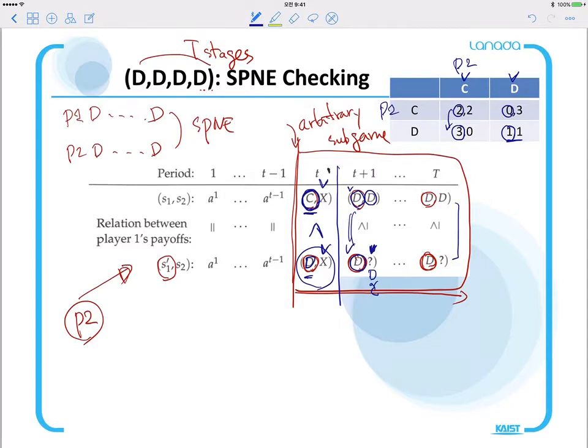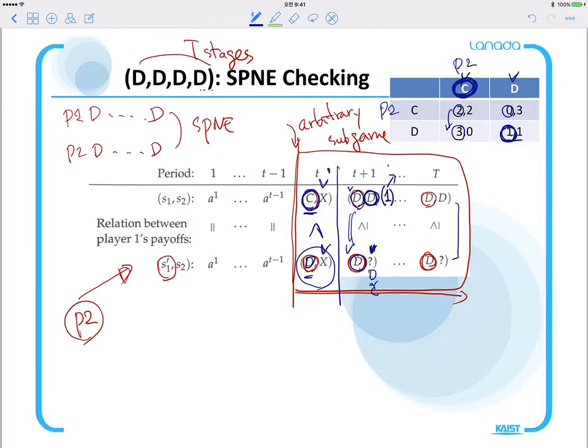I'm choosing D and player 2 chooses C. Comparing the payoff when player 2 chooses D, which should be 1.